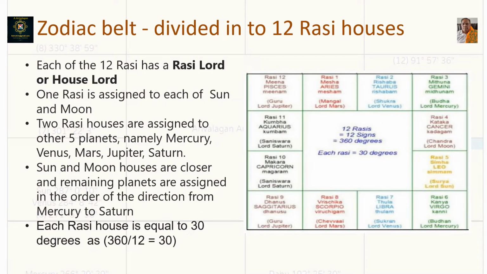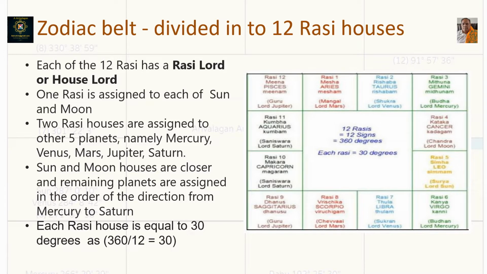Next, each of the 12 Rasi houses also has a Rasi lord. They have assigned the 9 planets as owners of the Rasi houses. In this case, Sun and Moon are each assigned to only one house. Sun is the owner of the Simha Rasi and the Moon is the owner of the Karagha Rasi.